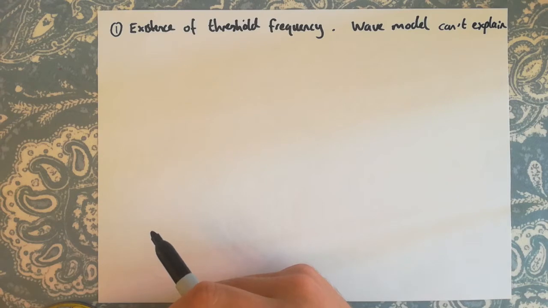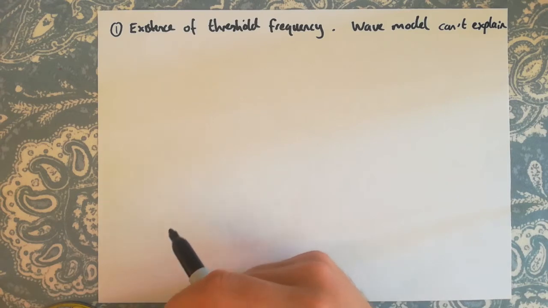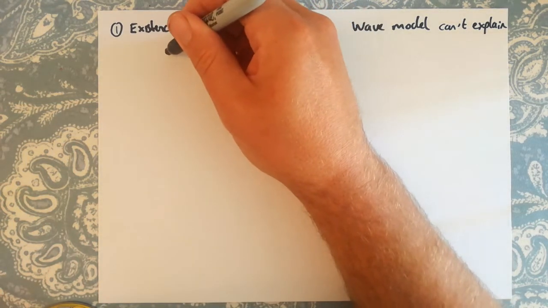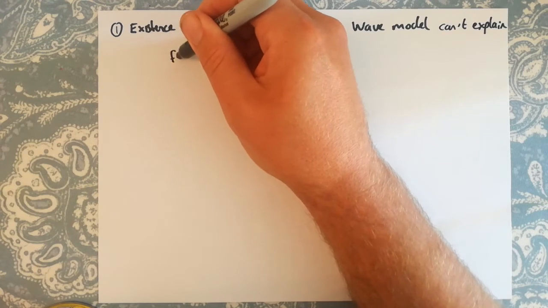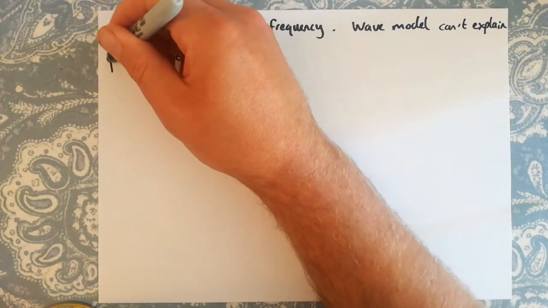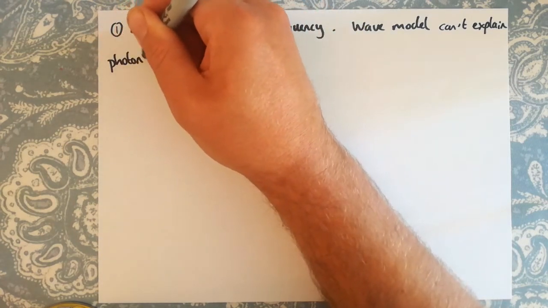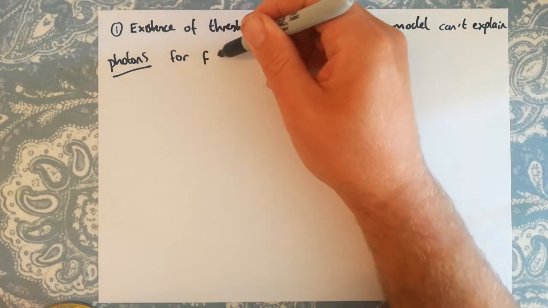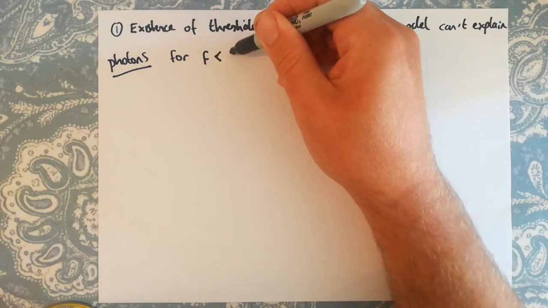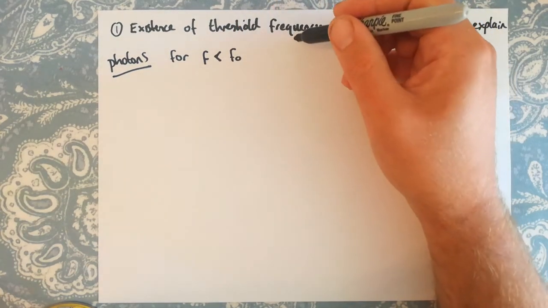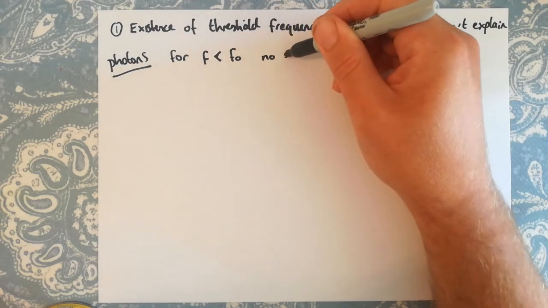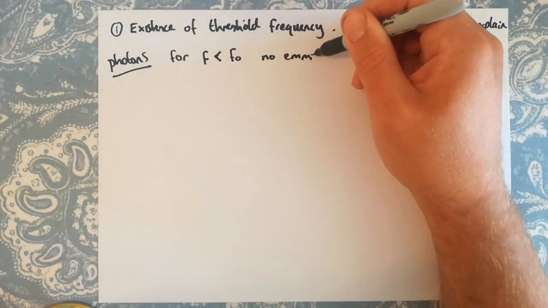However, with the photon model, we can explain the existence of a threshold frequency. Now thinking about photons, we're saying that for a frequency below the threshold frequency, we have no emission.